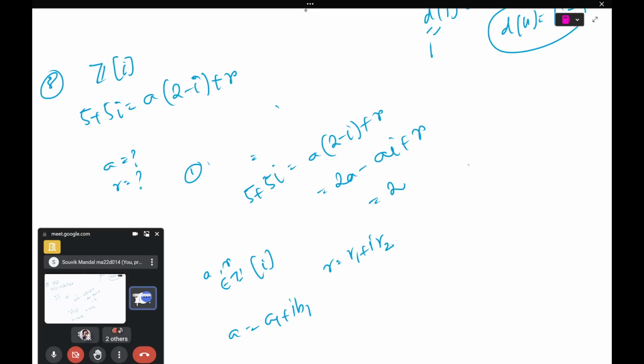Just substitute, do the substitution, and separate the real and complex parts. Eventually you get the answer.